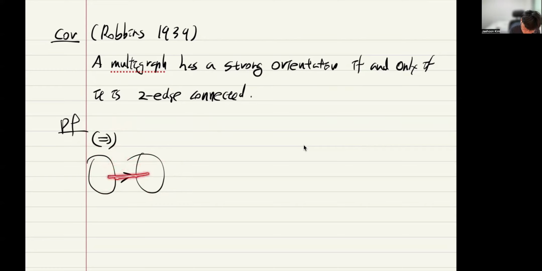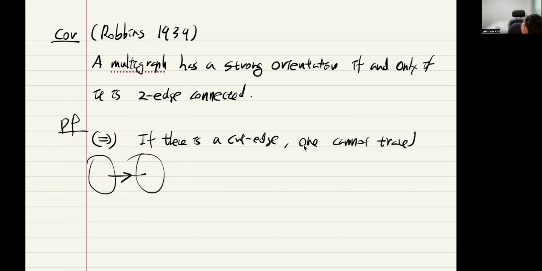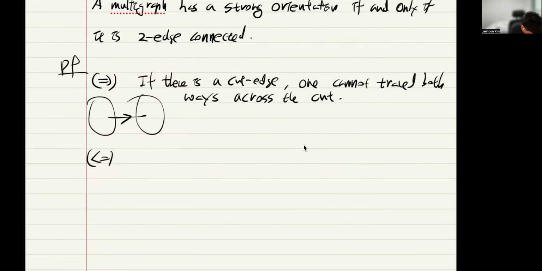The only possible road to leave the component is this one, but it's not oriented as we want. So if there is a cut edge, one cannot travel both ways across the cut edge. So this direction is easy.